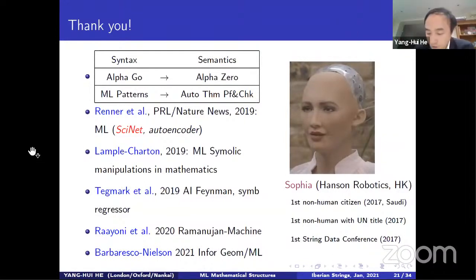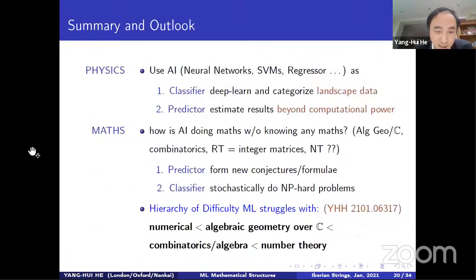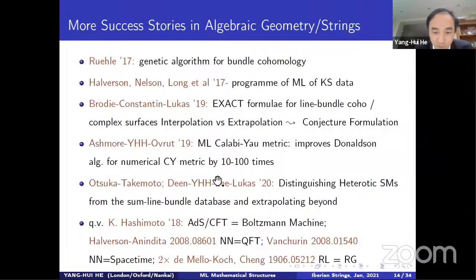Yeah, so that's a very good question. With Rehan Deen, Andre Lukas and Sanjaye Ramgoolam, we actually tried exactly this experiment. In this database, I think Anderson, Gray, Palti and Lukas had something on the order of 10 to the 5th exact MSSM models from 10 line bundles. So now the configuration is very clear.